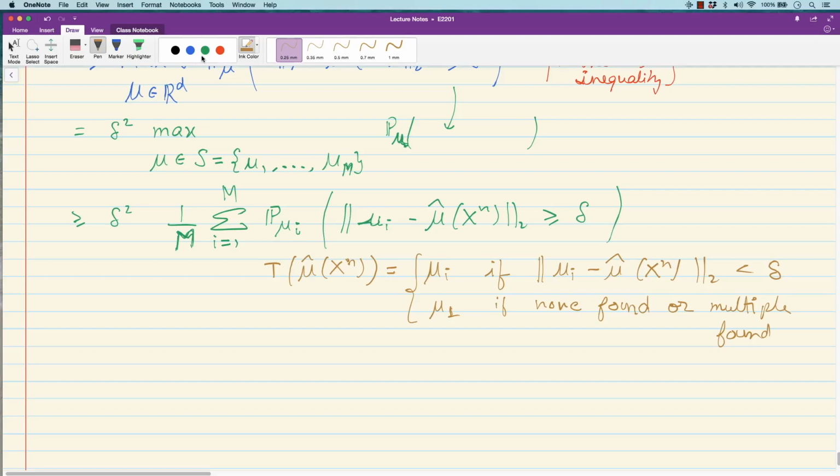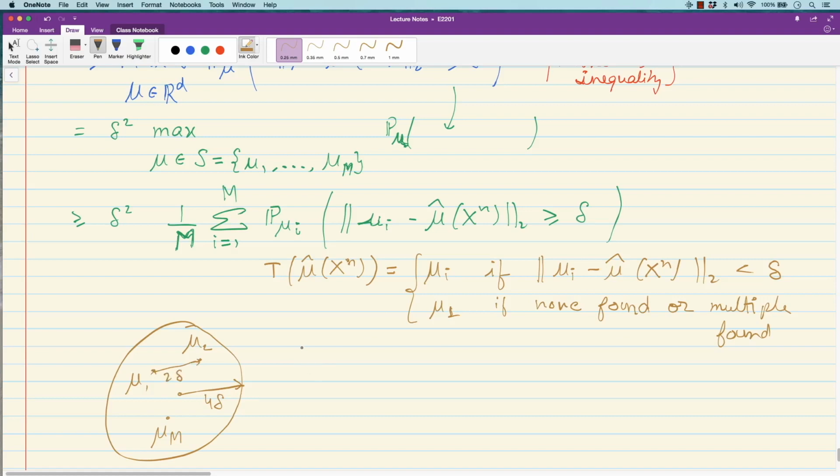Okay, we want to do that. So let's look at it a bit geometrically. These hypotheses mu i's are here: mu1, mu2, mu m. Now suppose that each of them is within a ball of radius 4 delta. This is something I know the answer to. You can try to optimize this and come up with this, but I know the answer, so I'm setting it up front. And the gap between any two of them is 2 delta.